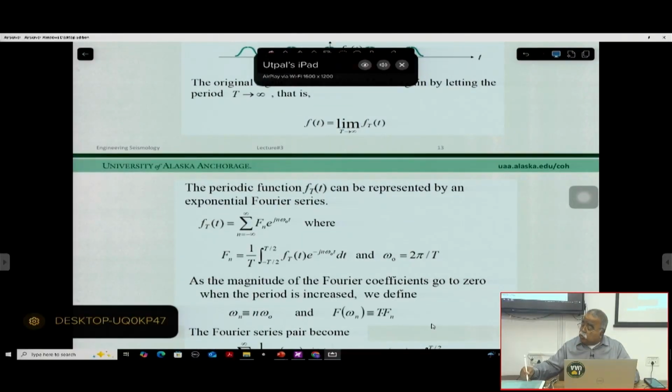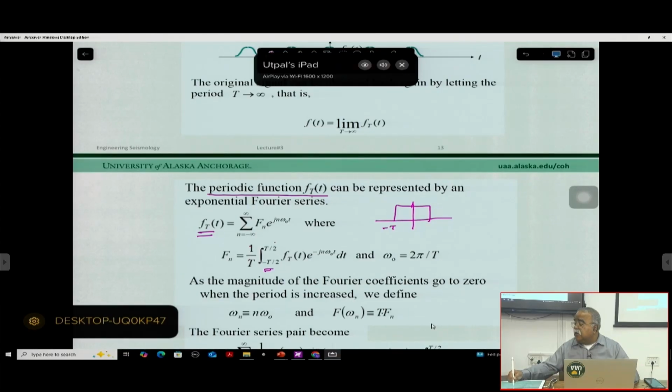If you try to do these things, then your ft, if the function is a periodic function, then the Fourier transform will be equal to fn into e to the power. If I can write it as a Fourier series, then it will be this. Then if it is periodic, we can integrate it from minus T by 2 to plus T by 2, because we are assuming any function, it should not be a rectangular function.